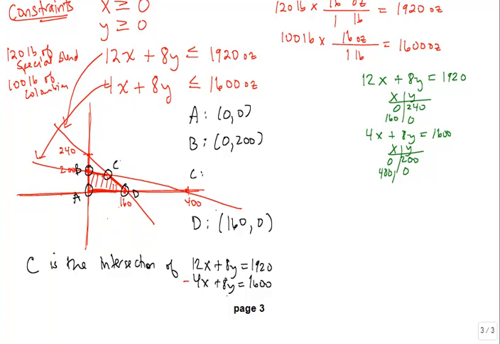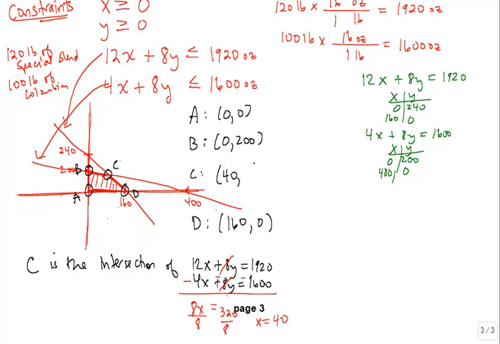So let's multiply everything through by a negative. 12 minus 4 gives me 8x. These cancel out, and 1920 minus 1600 is going to give me 320. And if I divide by 8, that gives me 40. So the x value of this intersection point is 40.